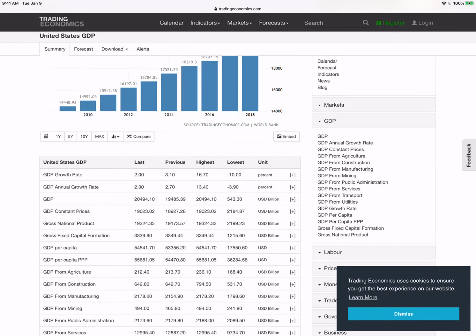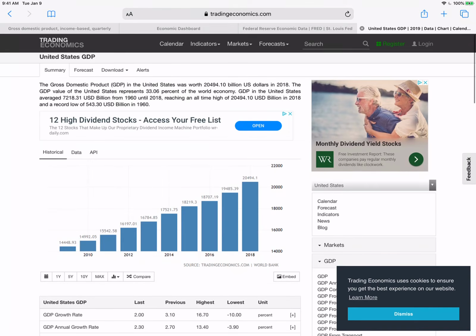So Trading Economics will give you real GDP, that's the constant prices, nominal GDP, that's the one that just says GDP, and GDP per capita. And you can get that for Canada and the US and so on. But right now we're doing the calculations ourselves. So we're going to go in and we're going to go and find Canada.